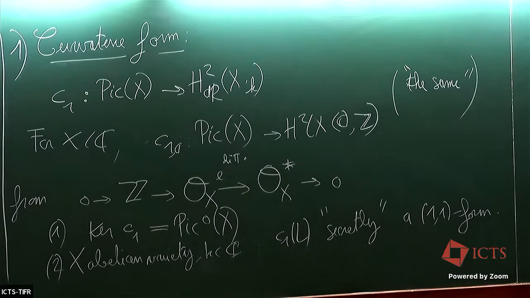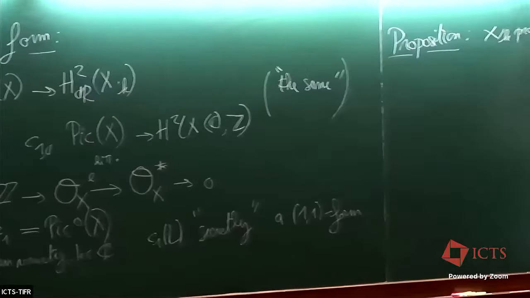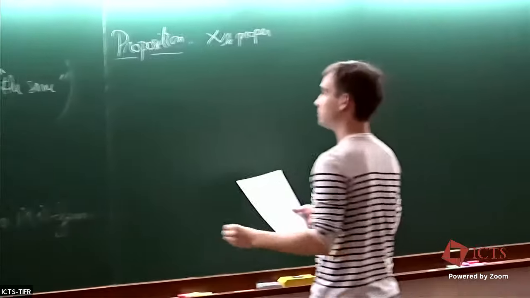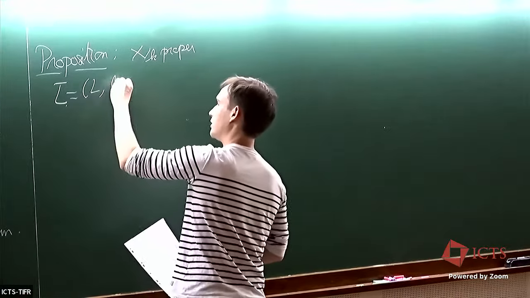So let's go. I take X over K proper, still smooth. I take L bar equal to L endowed with the log function.